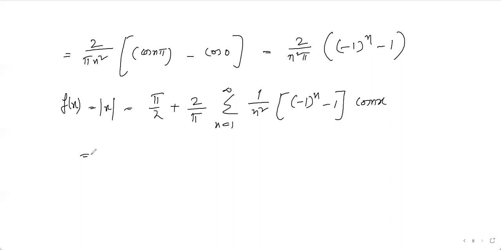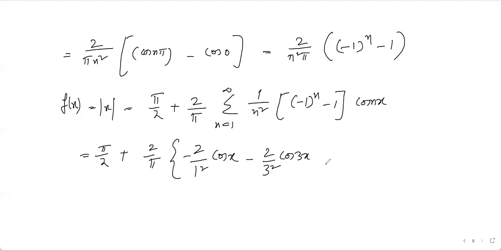So this is equal to pi by 2 plus 2 by pi times, in brackets, 2 by 1 square cos x minus 2 by 3 square cos 3x minus 2 by 5 square cos 5x and so on.